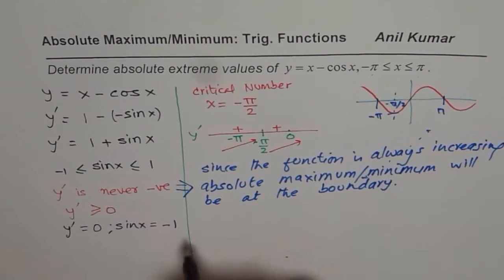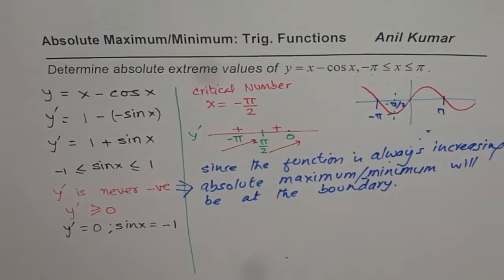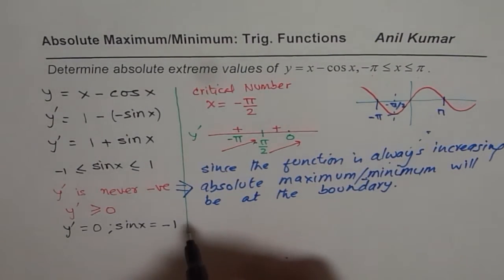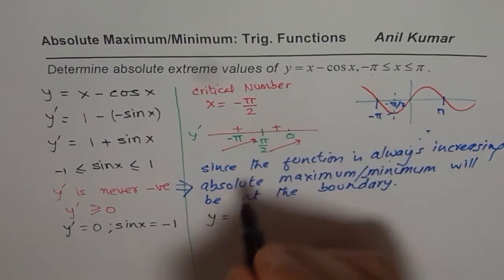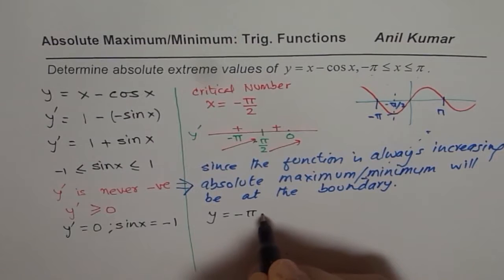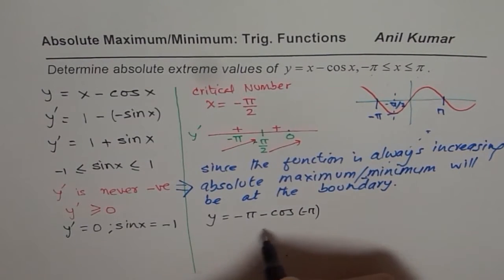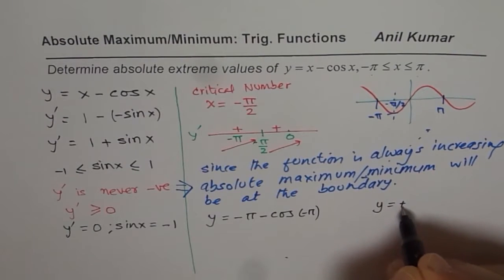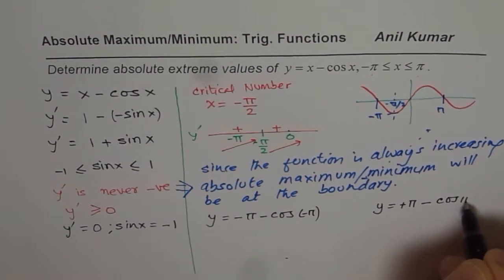So we'll find the value of the function at minus pi and at pi to get the result. First, at minus pi: if I substitute minus pi for x, I get minus pi minus cos of minus pi. The other one will be at plus pi: plus pi minus cos of pi.